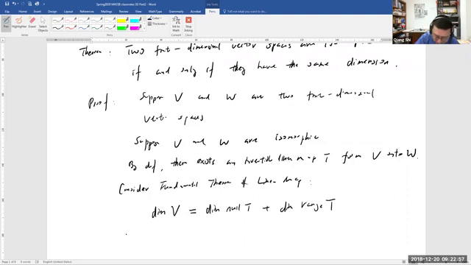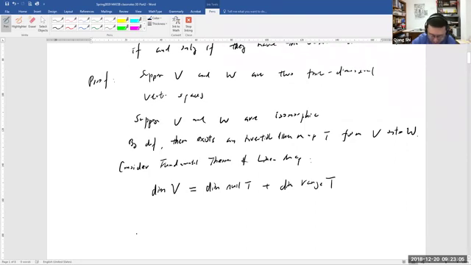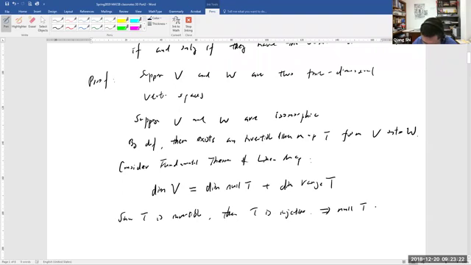So we have this, and then what is the dimension of V? Well, let's just keep that as it is. And what is the dimension of null T? Since T is invertible, T is injective, which implies null T is just 0, which implies the dimension of null T is equal to 0.